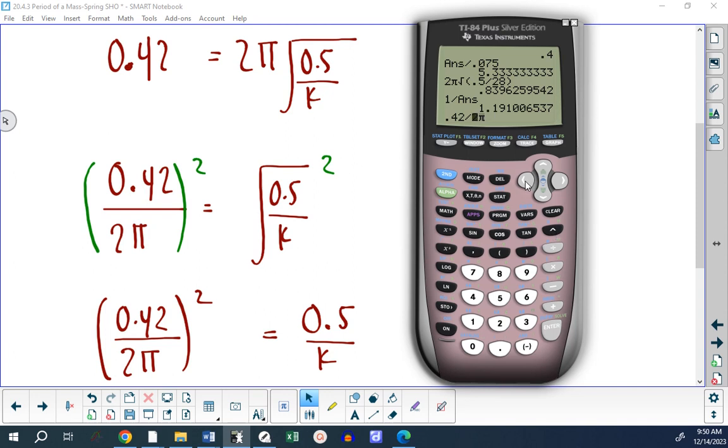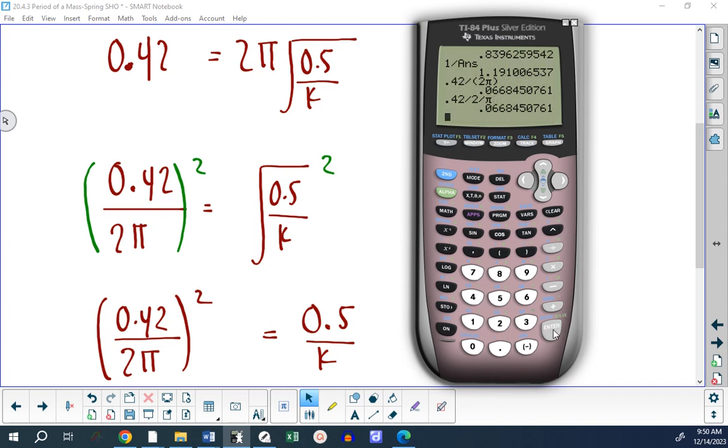You either need to have the 2 pi in a set of brackets or do what I do, which is look at the top of the screen here. I need to take 0.42 and I need to do 2 things to it. I need to divide by 2 to get rid of the 2, and I need to divide by pi to get rid of the pi. That's just how my brain operates. Divided by 2, divided by pi. We get the same answer.